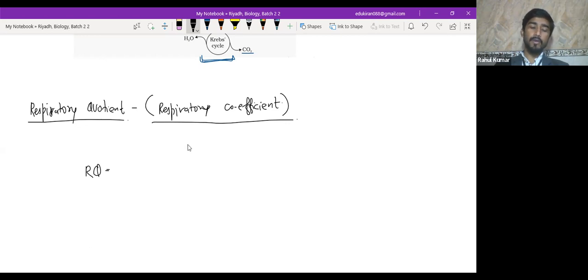Anything which we can metabolize, we call it a metabolic fuel. It can be glucose, malic acid, proteins, fats, everything.